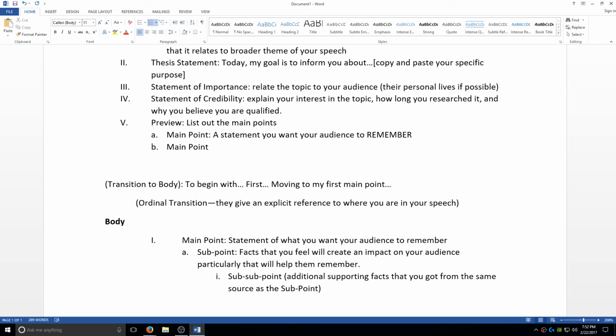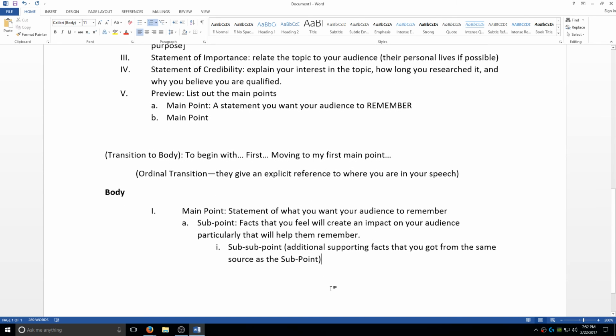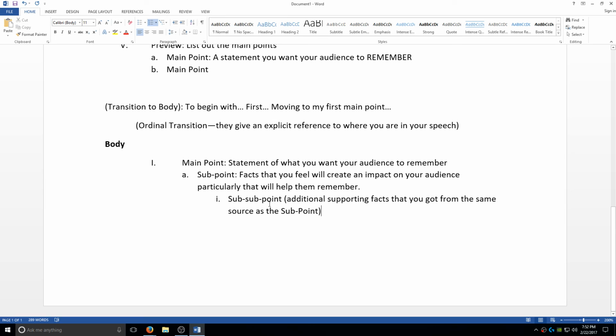So maybe in my research for this speech, I also found out that one of his creations was the X-Men, which was at the time of the speech the most popular. And so that sub-subpoint about the X-Men being created by Stan Lee and being really popular would be a sub-subpoint.